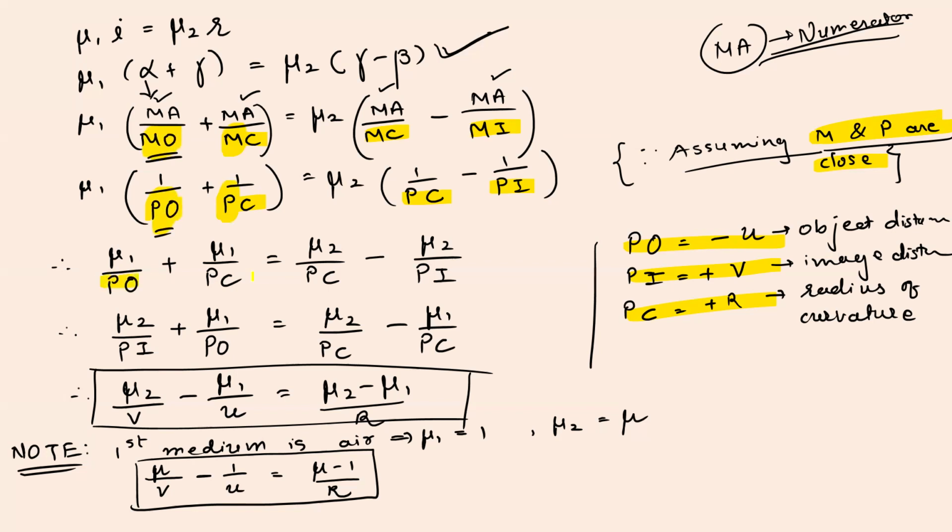PO and PI we take left hand side, and PC we keep at the right hand side. We substituted the values: v and R are right hand side, positive; u is left hand side, negative. Note is like a simple note. Mu1 is air. Suppose light is coming from air to some refractive index mu. In that case, that will be the new form.